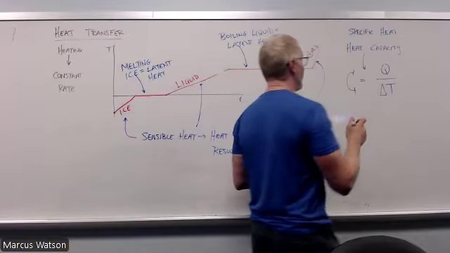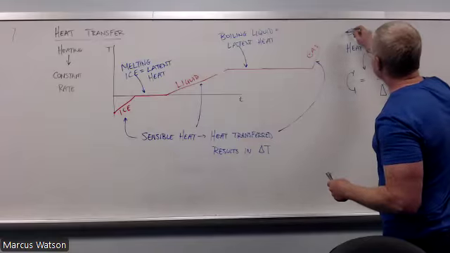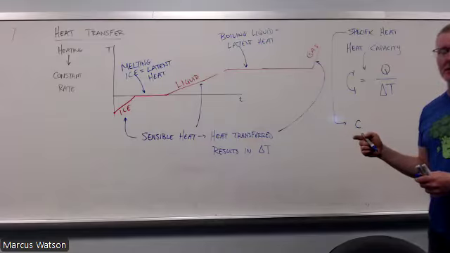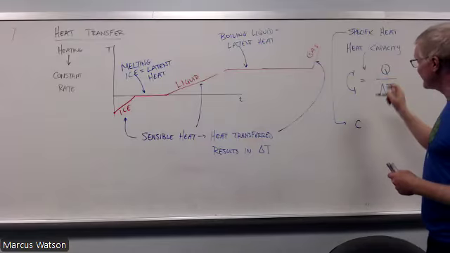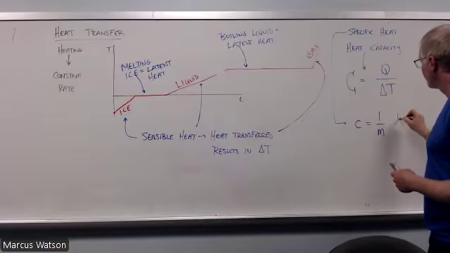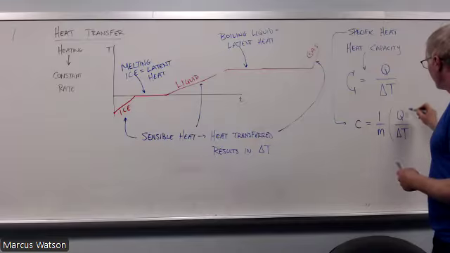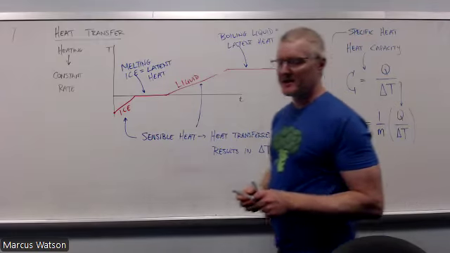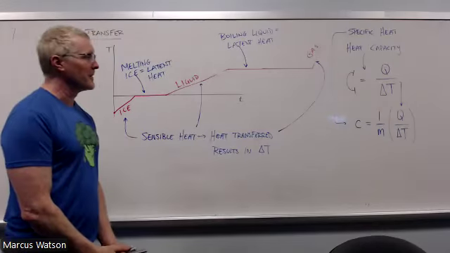So that's the heat capacity. Specific heat is unfortunately going to be known as little c, and it's the exact same as the heat capacity. It just has a 1/m in front of it. That thing right there is the same as the heat capacity.